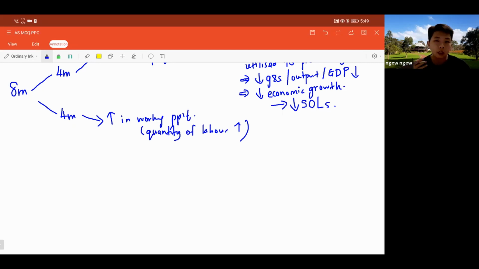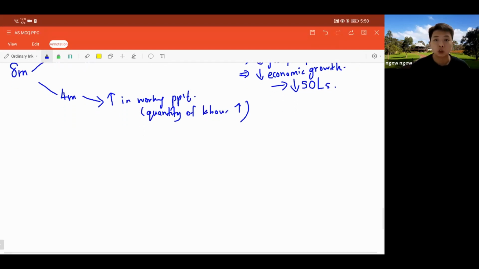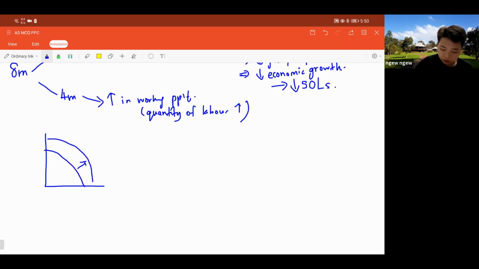We talk about when you have more resources, how it is shown in your PPC. So when you have more resources, more like labor available, your PPC will be shifting upwards. So again, 2 marks is given to this diagram. And as mentioned, you need to show the arrow clearly.